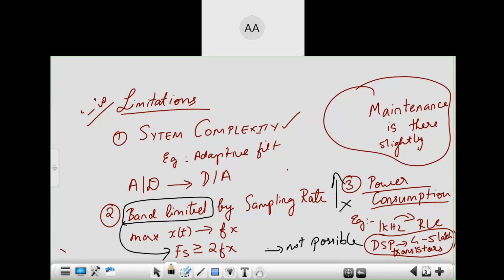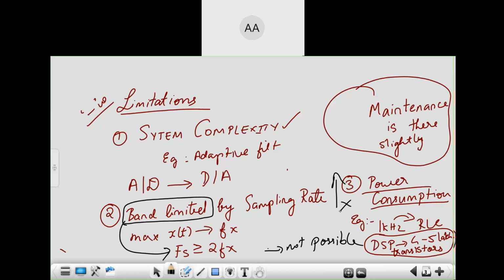These are the most important things. One, the system becomes very complex because of so much conversion, and if you are doing adaptive filtering kind of operations, it is very difficult. Signal is always band limited because you're doing some sampling. Power consumption is very, very high. And as he said, maybe there is a little bit of maintenance.